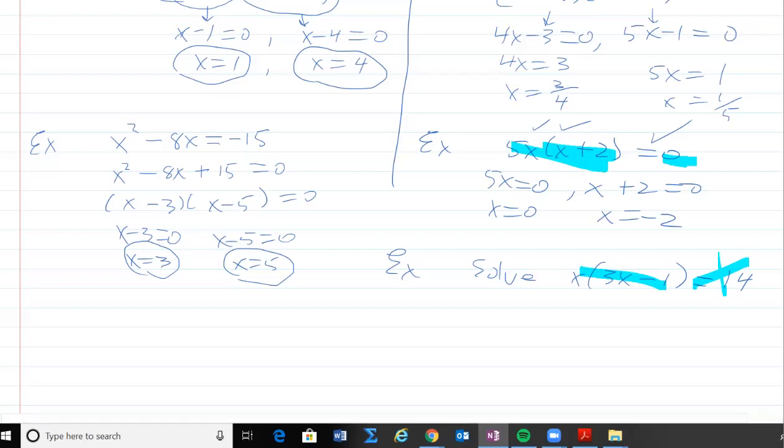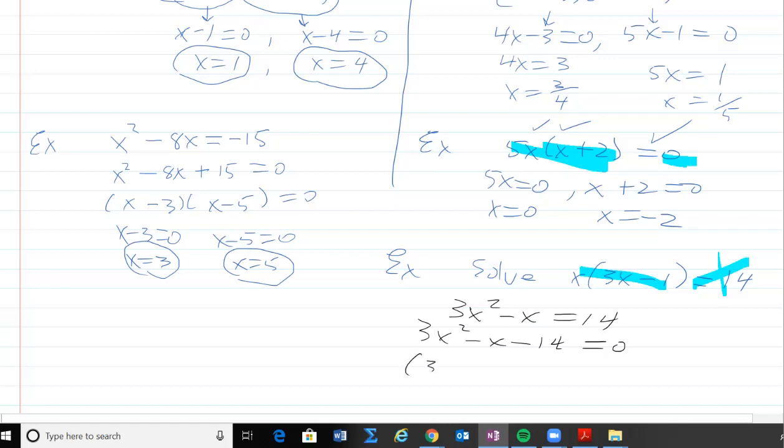So they basically are messing with you on this one. You're going to have to take this and expand it. 3x squared minus x equals 14. And bring that 14 over where it belongs so that you can have 0 there.